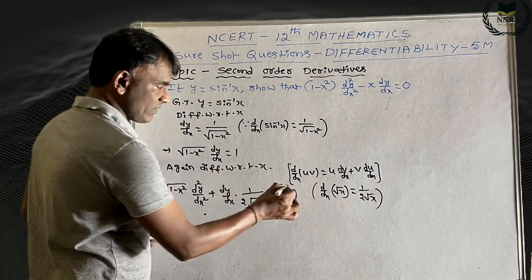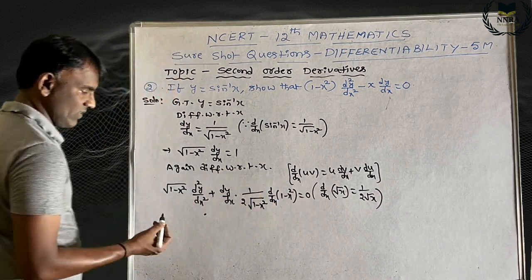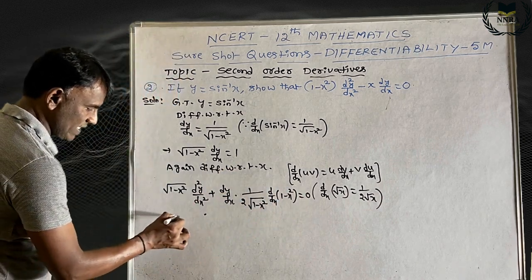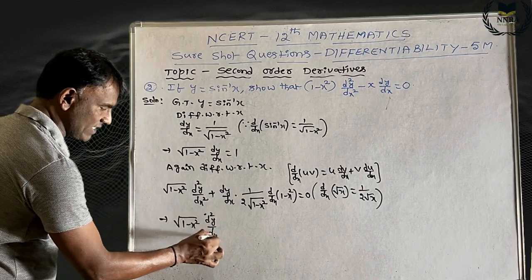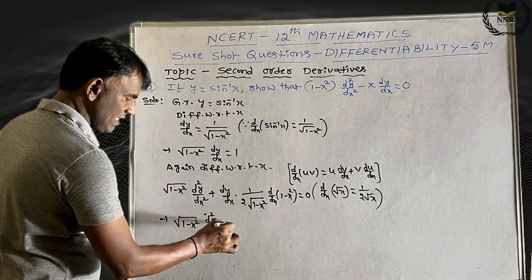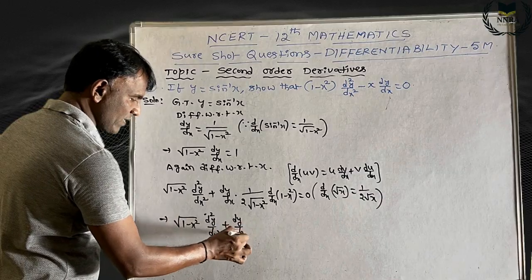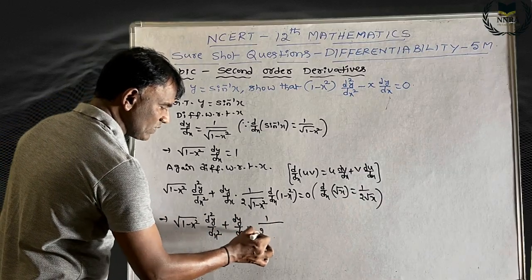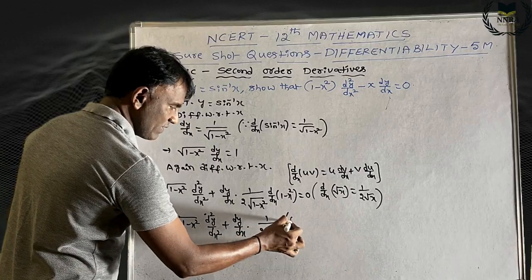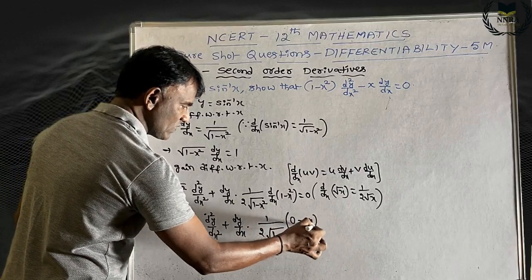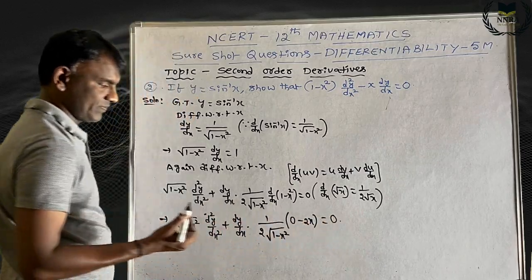And the derivative of constant is equal to 0. Now it is same, but don't change this value. 1 minus x square into d square y by dx square. And here dy by dx. Then 1 by 2 into root of 1 minus x square. And derivative of constant 0. Then minus 2x equal to 0.